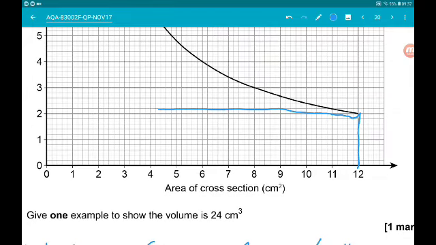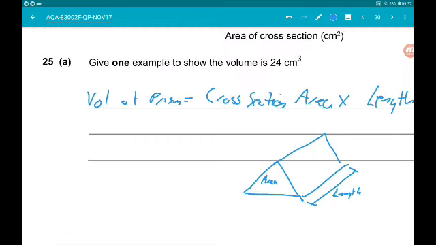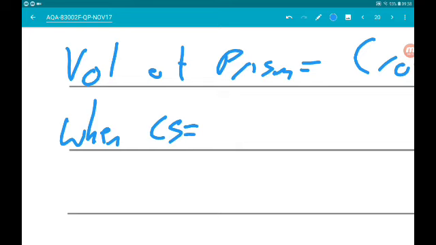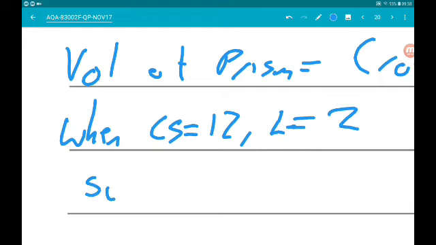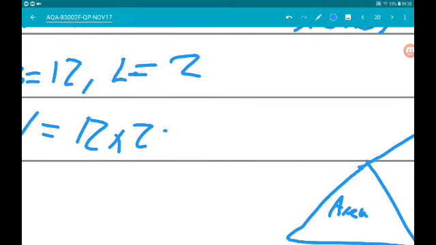So we go straight across and we get 2. So that means on the graph, when cross-section is 12, the length is 2, so volume is 12 times 2, which gives us 24 centimetres cubed. Cool.